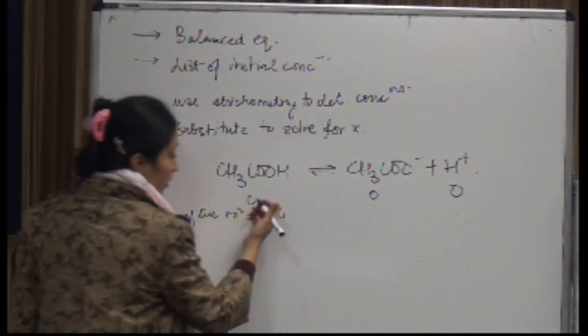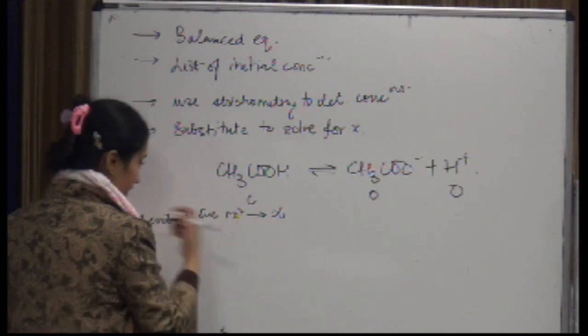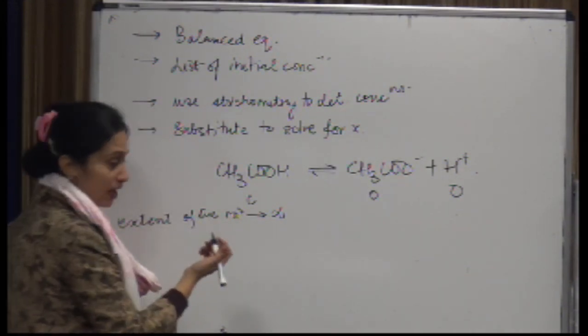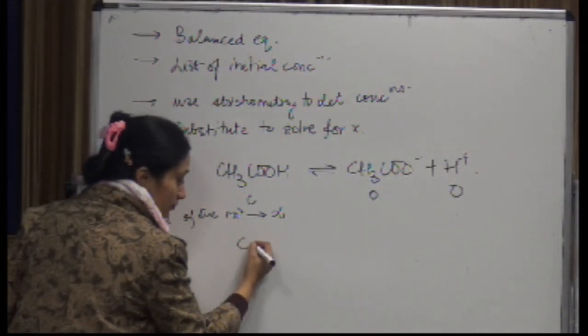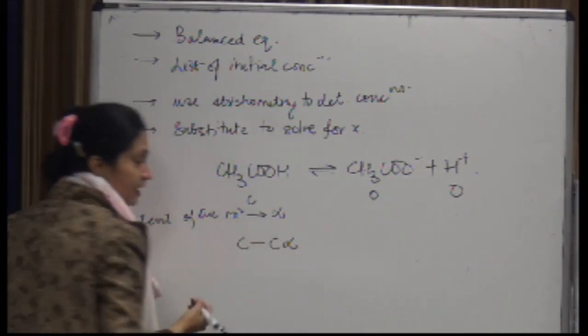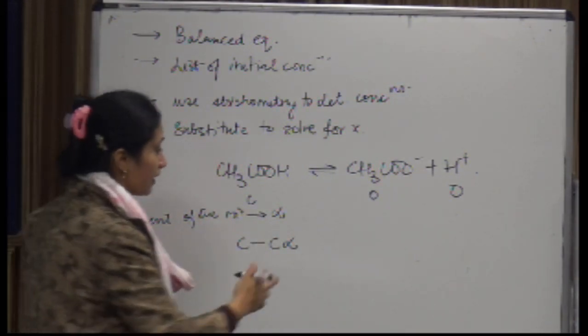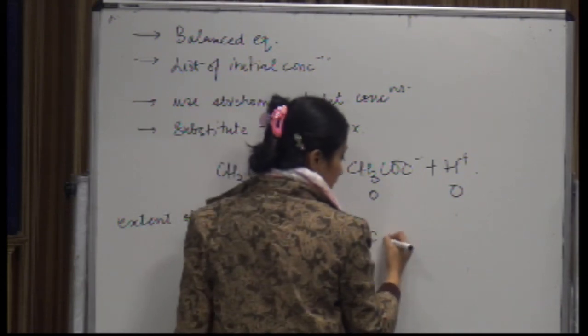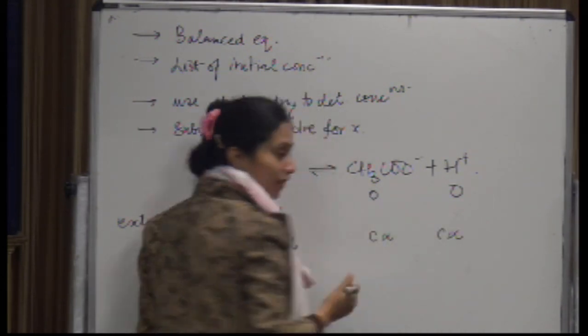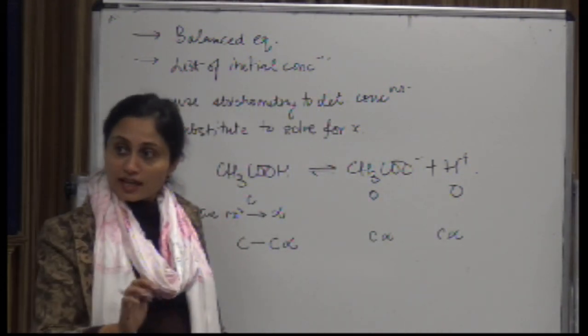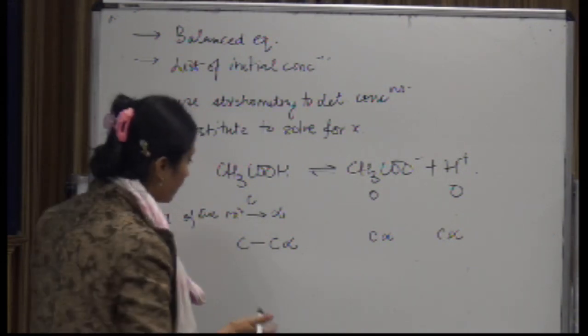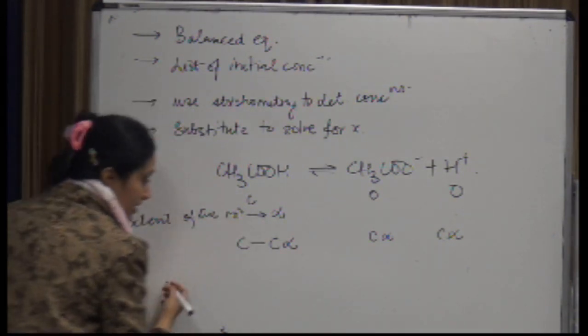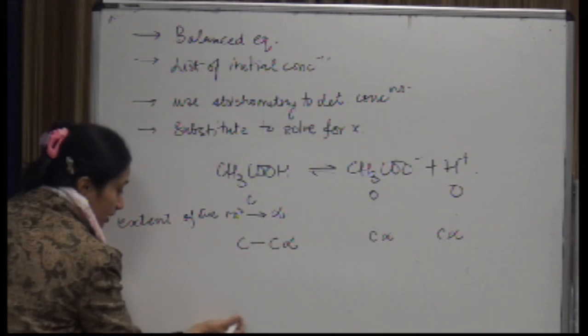So if alpha is the extent of the reaction after some time t, and C alpha is reduced here, then what will be formed here? It will be C alpha and C alpha. That will be C alpha into C alpha, and using this I can easily calculate my equilibrium constant.